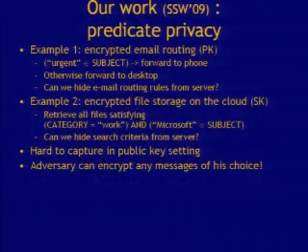So it turns out that predicate privacy is actually difficult to capture in the public key setting. And the reason for this is that in the public key setting, the adversary can encrypt any messages of his choice.